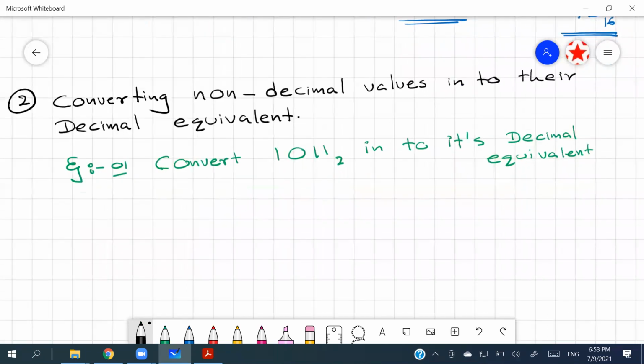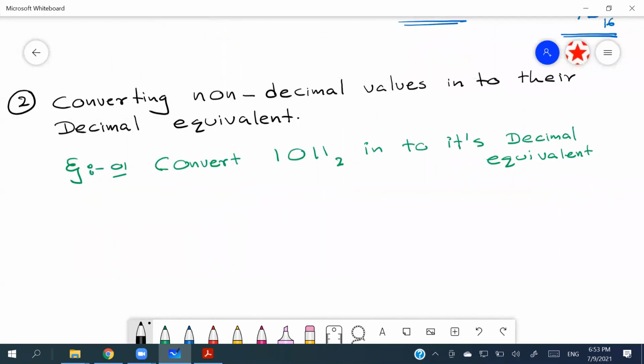So the first thing that we are going to do is, when we are asked to convert a particular non-decimal value into a decimal, it's better we write the number that we are asked to convert. And we are going to consider the place values of the characters in the given value.